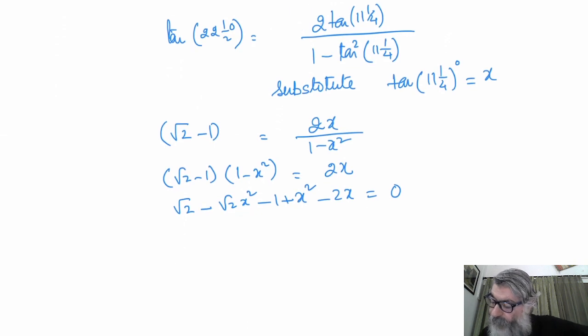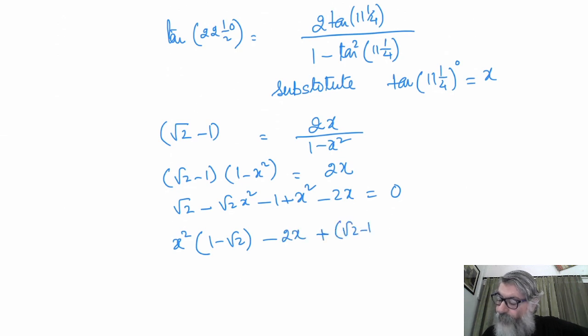Now let us see, if I take x square common, I get 1 minus root 2, minus 2x, plus root 2 minus 1. What I'll do is I'll change all the signs. Suppose I make it x square (root 2 minus 1), make it plus 2x, make it minus (root 2 minus 1).